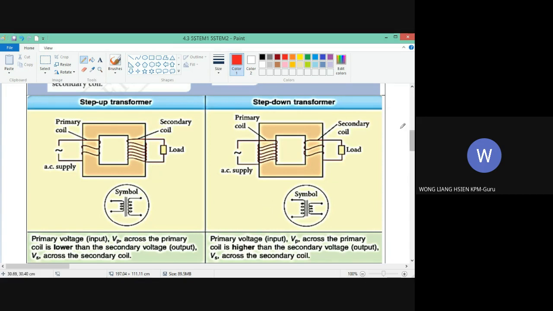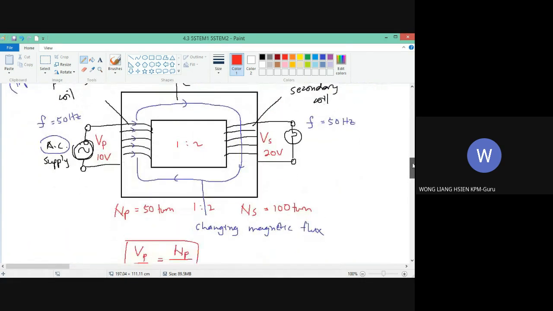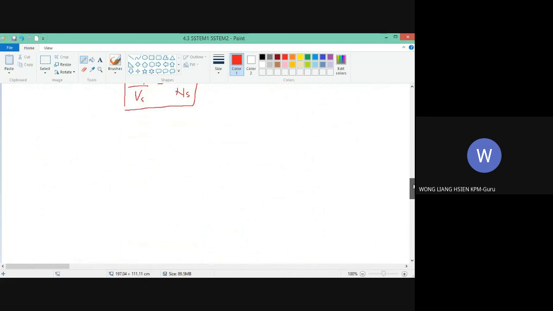So basically, you can use the same transformer as a step up transformer and as a step down transformer.